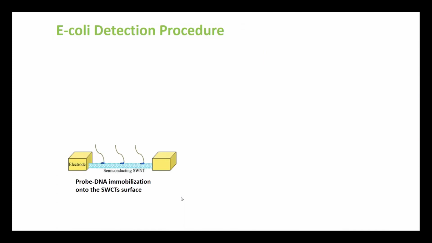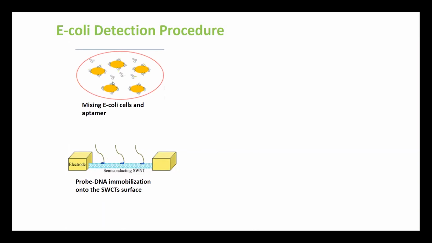So this is our E. coli detection process. Again, we have the same biosensing surface, and then we immobilize the probe DNA. This probe DNA has a sequence complementary to the aptamer sequence. These aptamers specifically bind the outer surface of the E. coli.